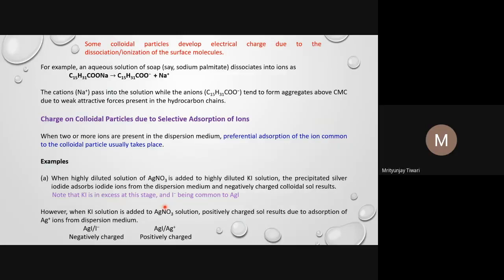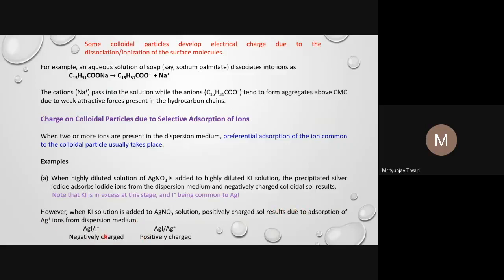Now these particles see a common ion in the form of Ag+ ions in excess in the solution, so they will adsorb Ag+ ions, and thus the colloidal particles will carry a positive charge. So when KI solution is added to AgNO3 solution, a positively charged sol results due to adsorption of Ag+ ions from the dispersion medium.